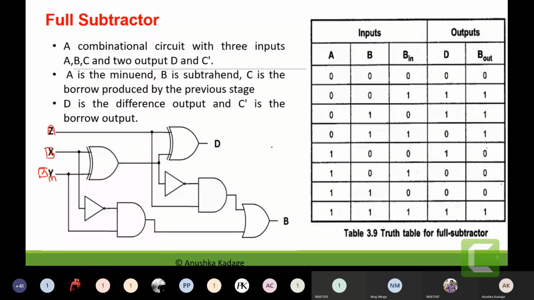So as your homework, try the K-map implementation for this truth table for the full subtractor and check whether you are getting this diagram as the logical diagram implementation or not.